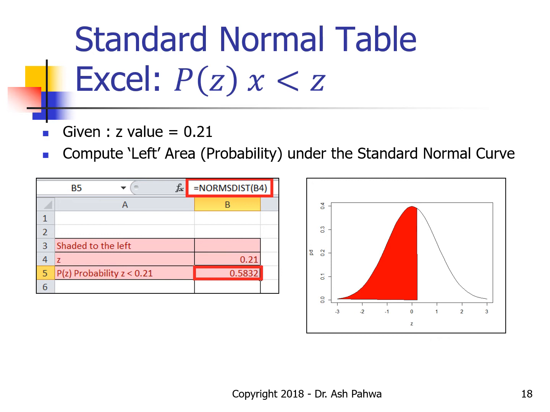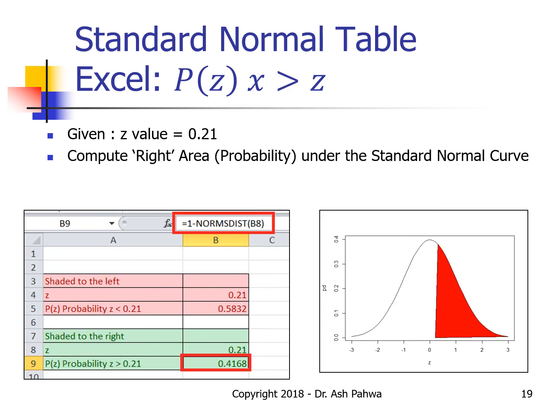So as you can see, this can be easily computed in Excel rather than going back to those tables to determine this value. Now suppose we need to compute the area on the right hand side of the z value of 0.21. To do that, we simply subtract from 1 the number that we got before. So if we compute 1 minus the NORM.S.DIST function and feed in again the same value of 0.21, we are going to get 0.4168.